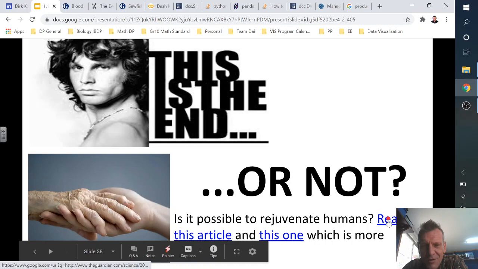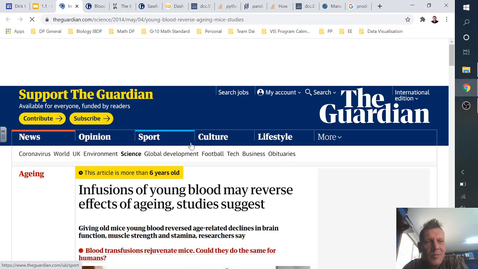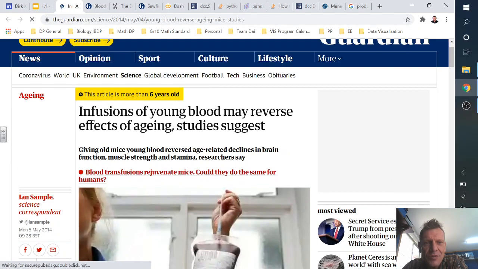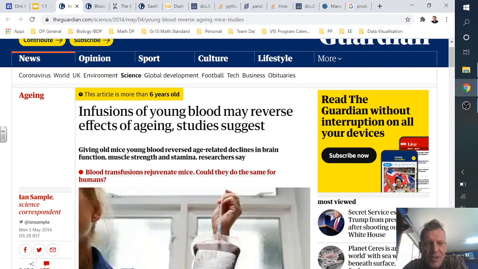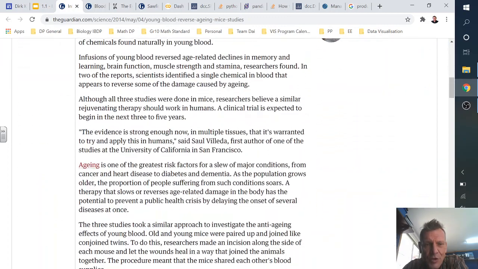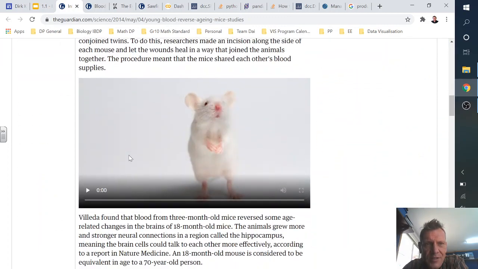Now, there's also an interesting development here: infusions of young blood may reverse effects of aging, studies suggest. It's a suggestive study. What they've done is they have conjugated mice together.